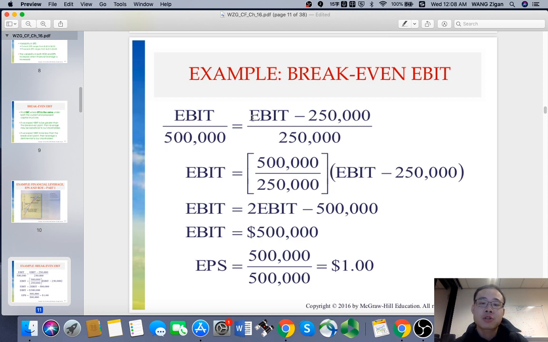Under the proposed capital structure with the debt of 2.5 million, we know that the interest expense is 250,000. This is calculated by the interest rate 10% times the 2.5 million, and the number of shares is 250,000.